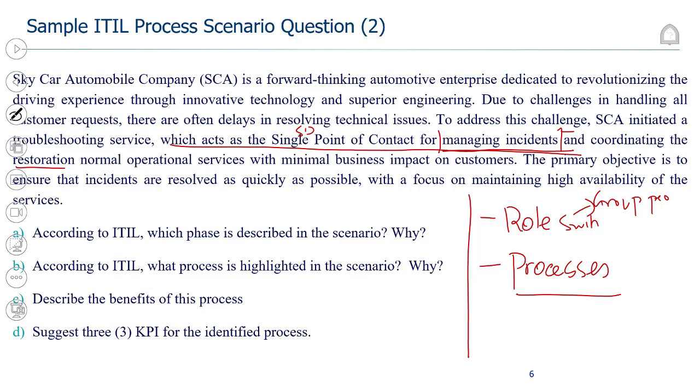Okay, the primary objective is to ensure that the incidents are resolved as quickly as possible with focus on maintaining high availability of the services. So that one there, for example, is incident management, okay?